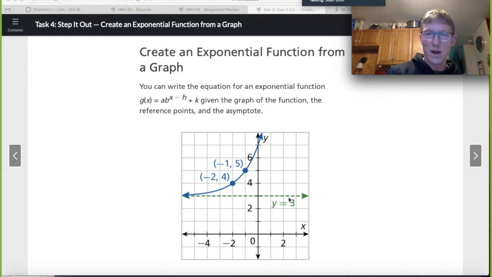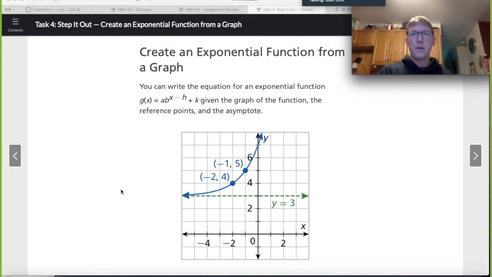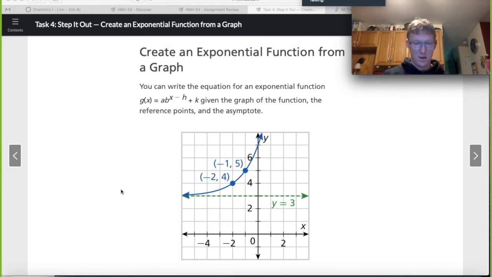We've got an asymptote, and so we should hopefully be able to figure out our function based on that information and using this little guy right here. So let's try it out, shall we?